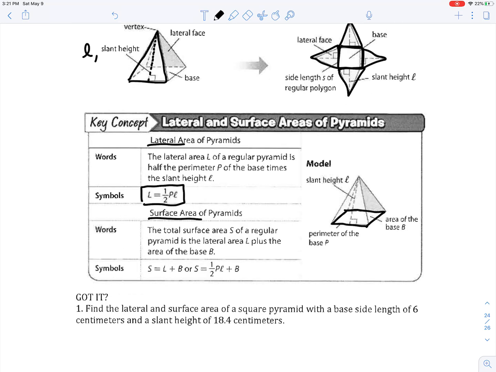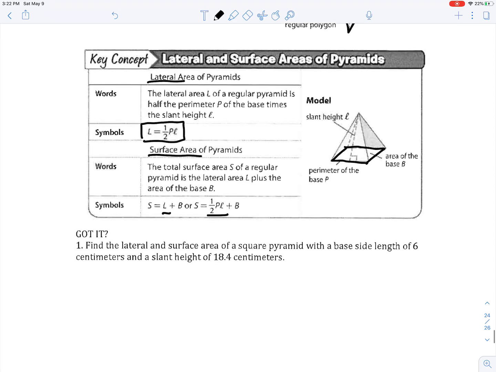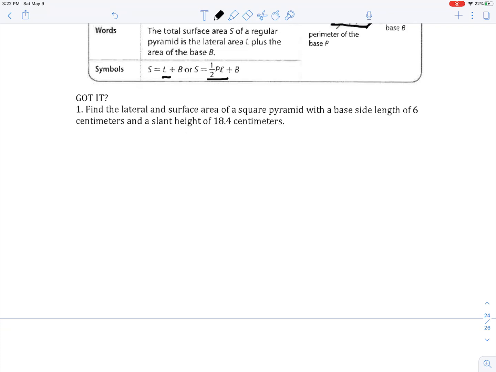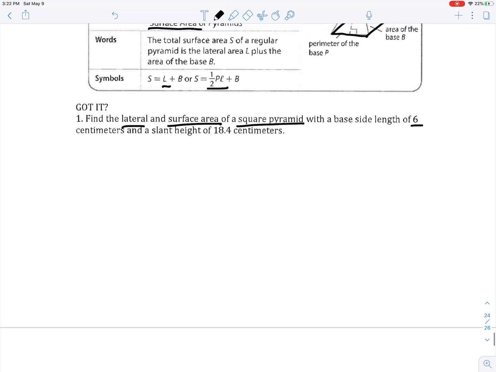The surface area now has to include the base. So the surface area is that lateral area I already found, 1/2 perimeter times slant height, plus the area of the base.